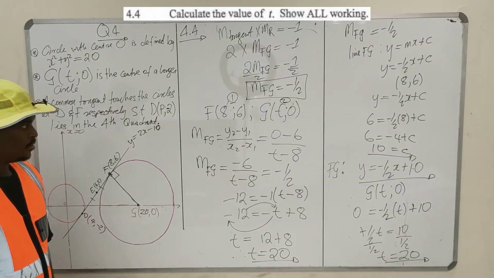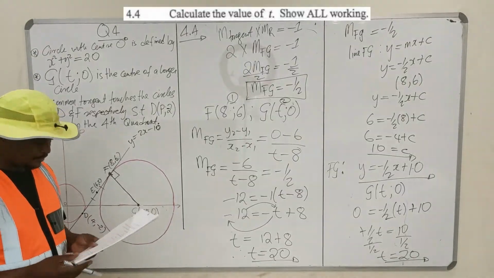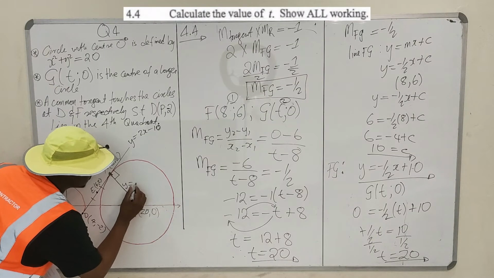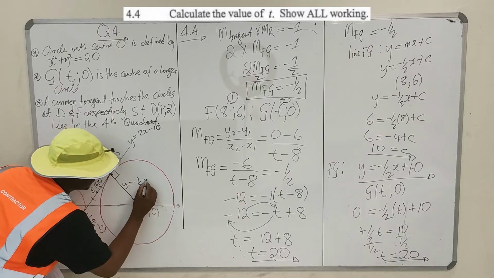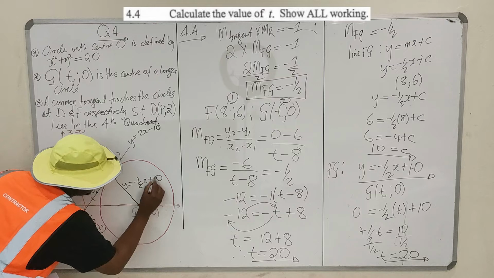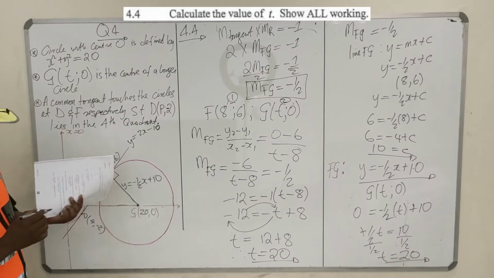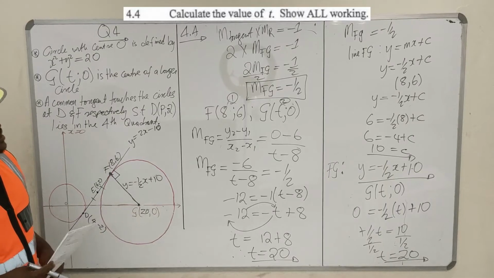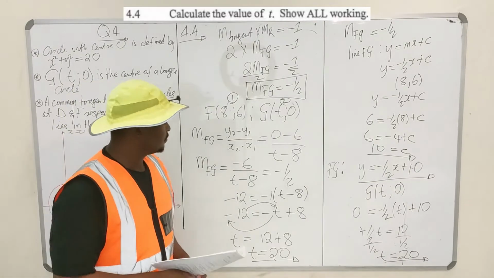Done. So we move on. The equation of this line fg is y is equal to minus half x plus 10. I'm going to clean the board and then we continue to 4.5.